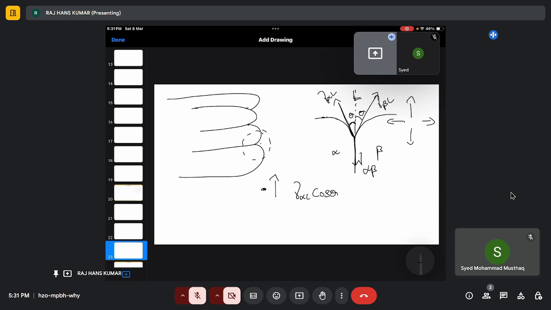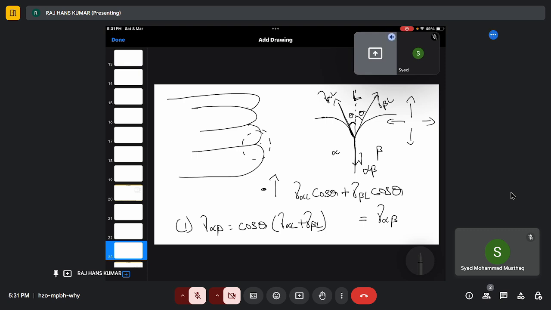Let's see what will happen. So this is gamma alpha L cos theta plus gamma beta L, the beta-liquid interface, times again cos theta, and that will be equal to gamma alpha beta. So gamma alpha beta equals cosine theta times gamma alpha L plus gamma beta L. This is our one condition.